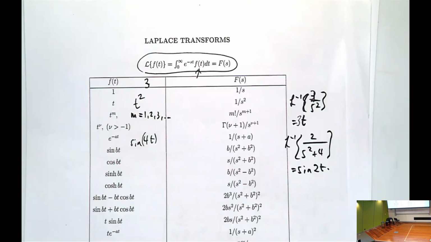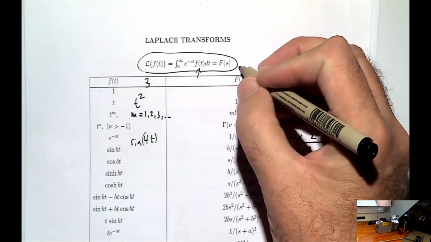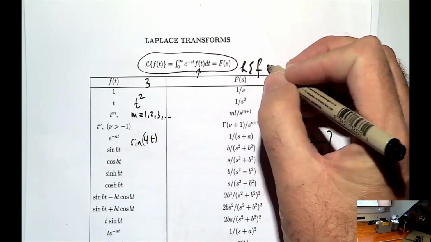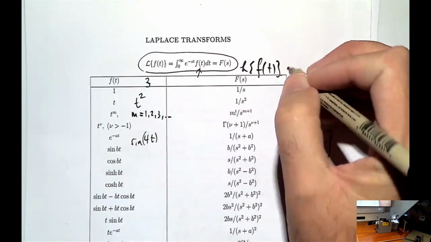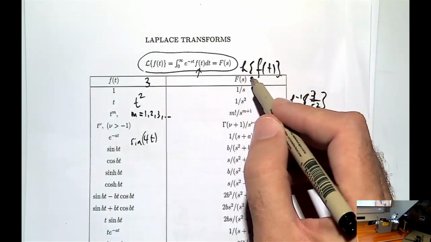When we're doing inverse transforms, we are going the opposite way. We're looking down this column. This curly L of f of t and this are the same.